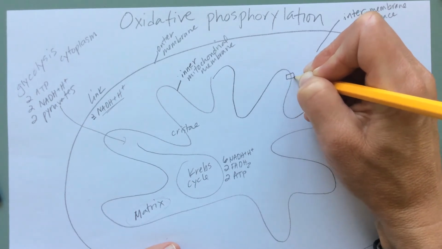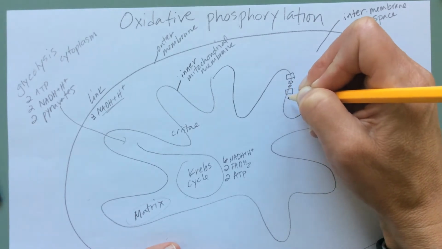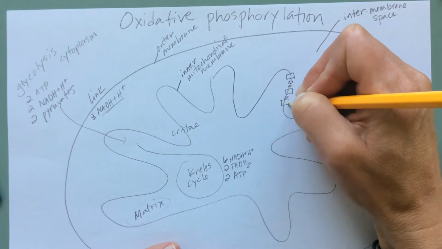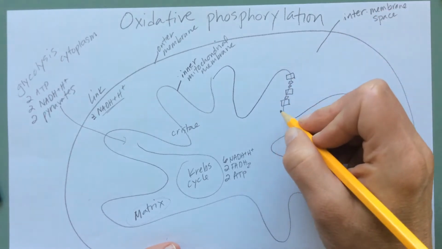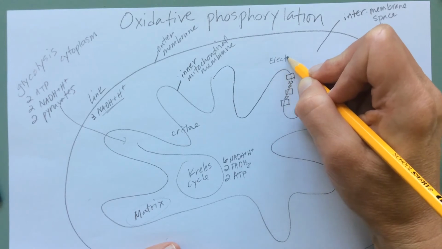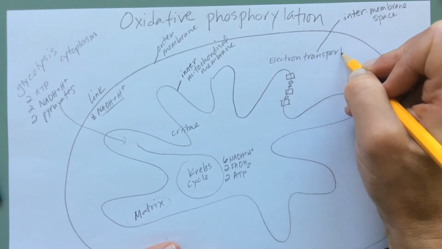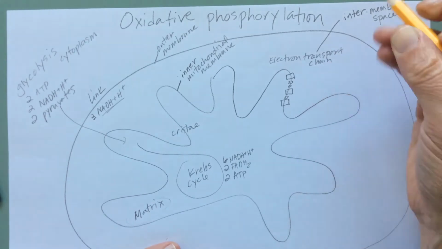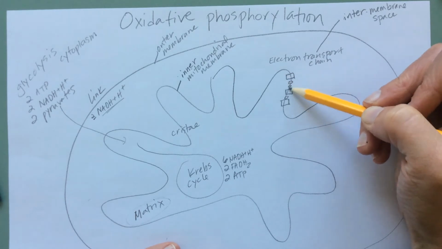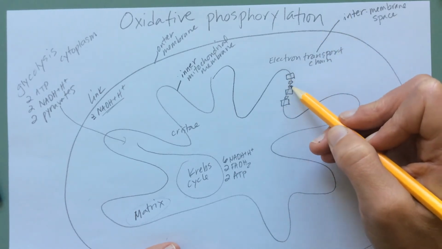So I'm going to show you just in one place, right, where we have something called an electron transport chain. Okay, so this right here is called the electron transport chain.